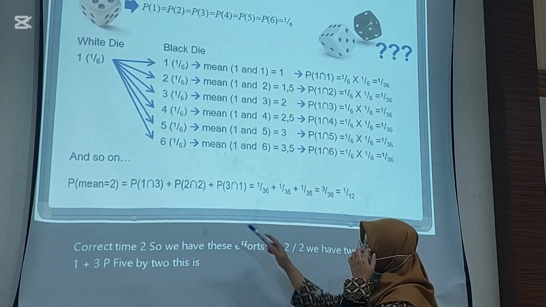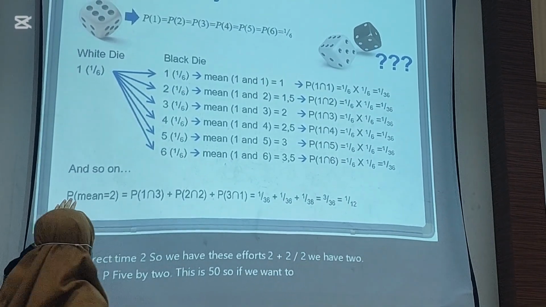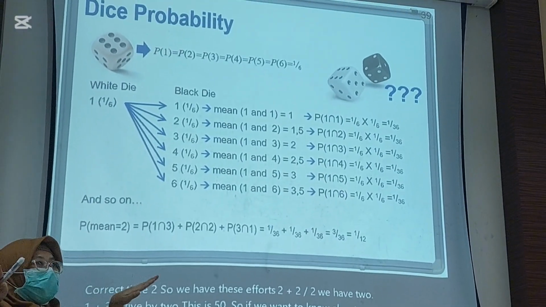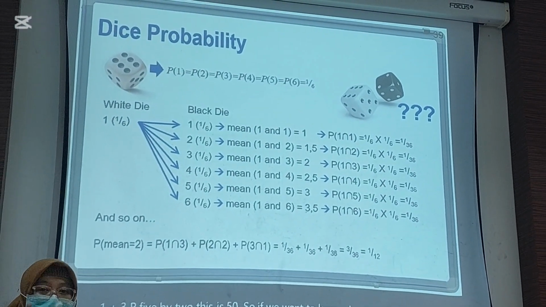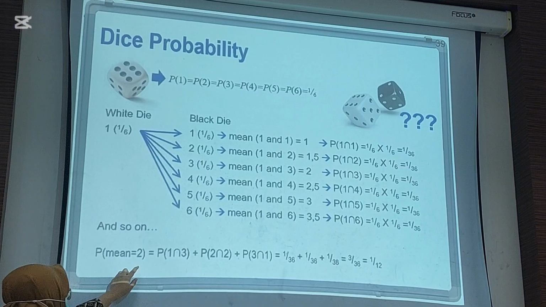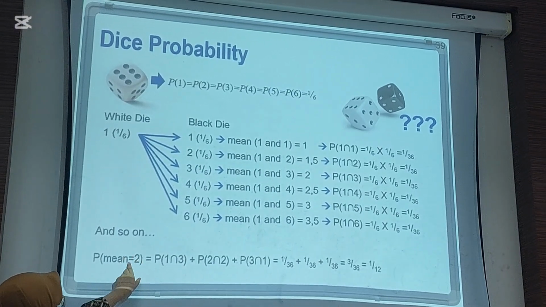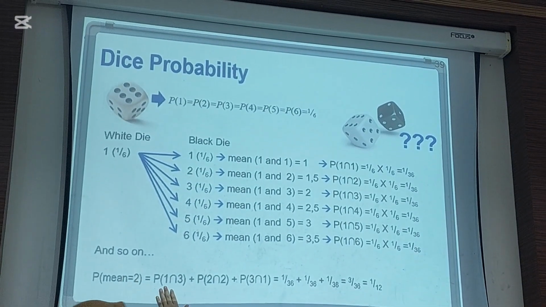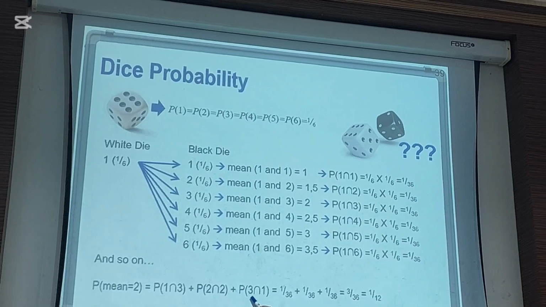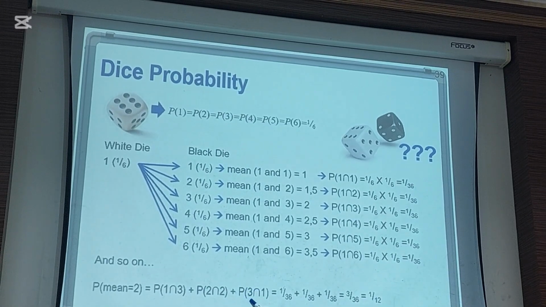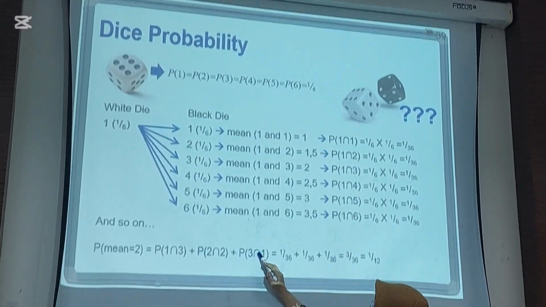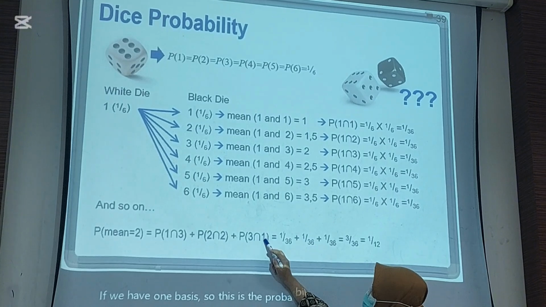So if we want to know the probability of mean 2 for the two dice, this is the probability. The white die 3 intersection with 1.